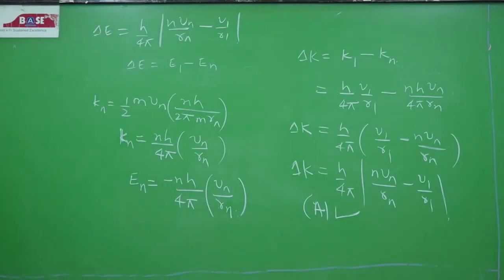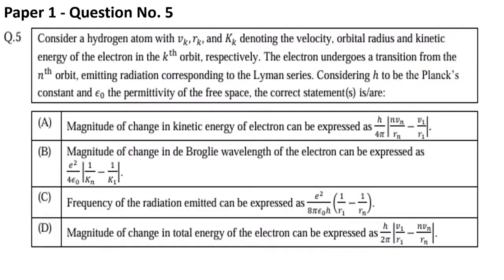But in the options, if you see, they are giving h by 2 pi times (v1 by r1 minus nvn by rn), it seems.